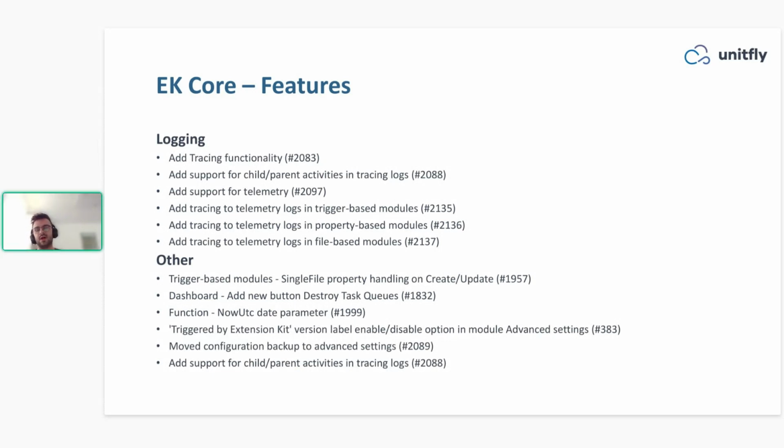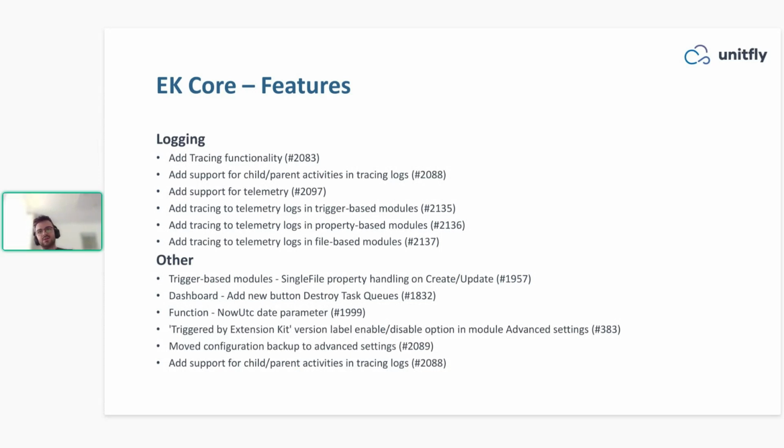So for example, now in our external dashboards, we can follow when you execute the rule, how much time it will take, for example, for document processing rule, how much time it will take to prepare the rule execution, and how much time it will take to do certain actions on the PDF itself. And we added a lot of that telemetry logs and tracing capabilities to all of our module types, so it's supported in all of Extension Kit.